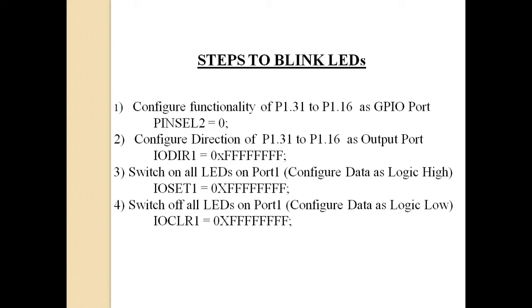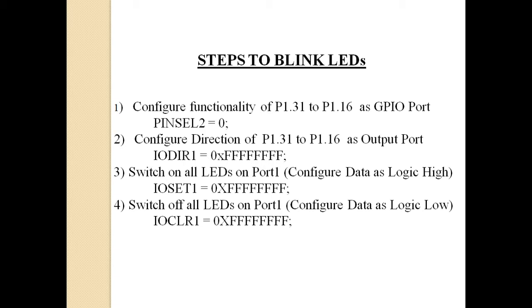So if you want to make the LED on, you need to generate a VCC of 3.3 volt in that pin. So if you want to generate a 3.3 volt VCC there, in digital you need to write a logic 1 or logic high there. Similarly, if you want to make the LED off, you need to write a digital 0 or logic low in that pin.